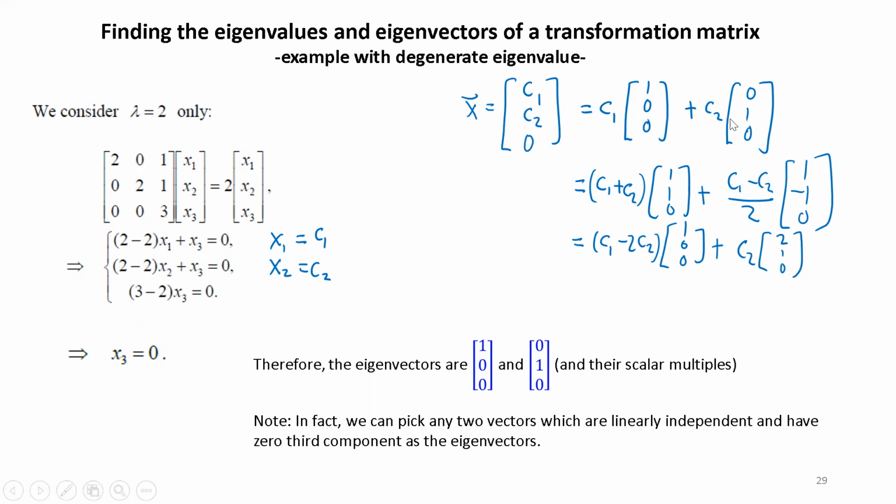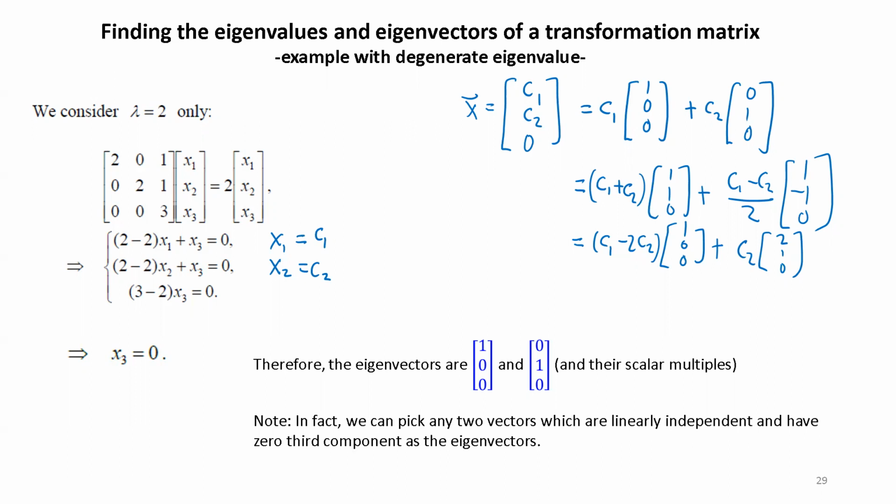So this set is completely equivalent to this set, also completely equivalent to this set. Just pick any set that you think is more convenient to work with, and tell me that they are the two eigenvectors corresponding to this repeated eigenvalue.